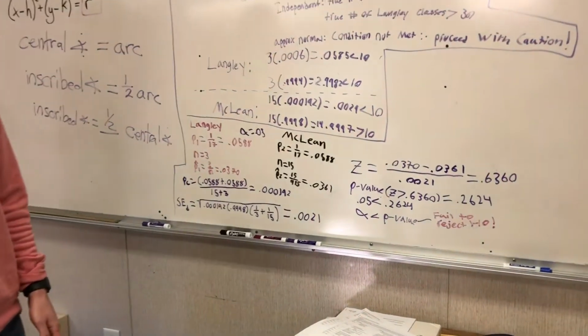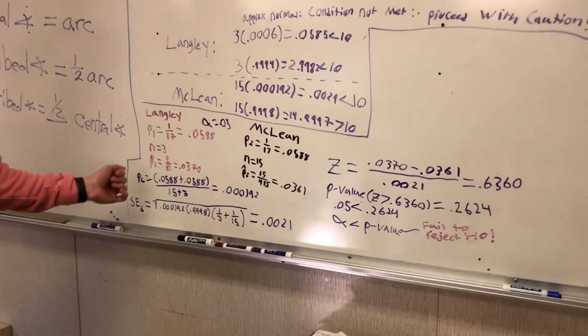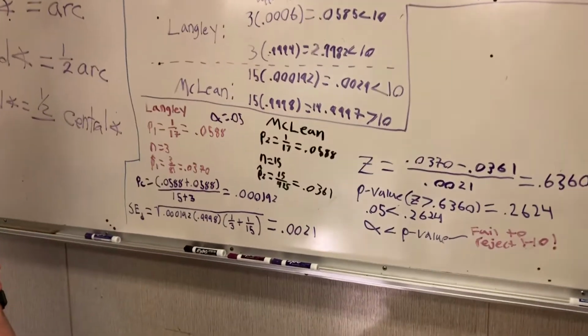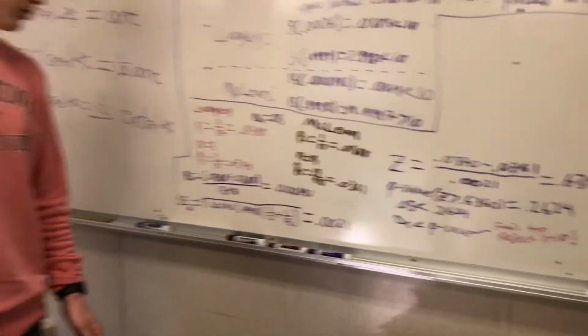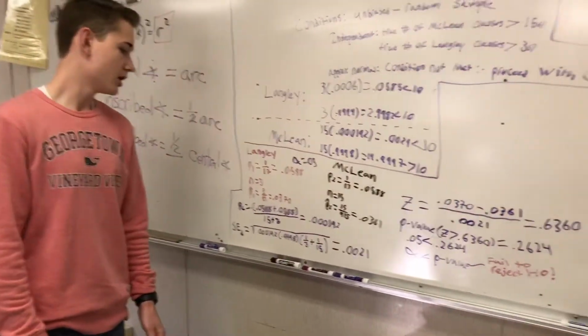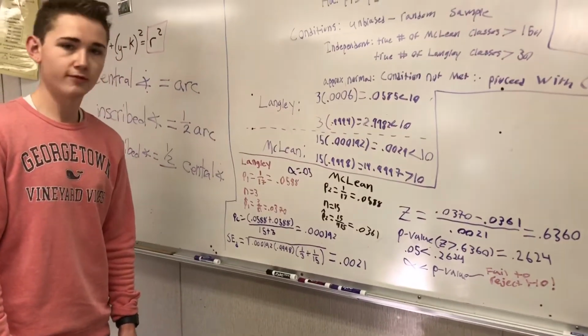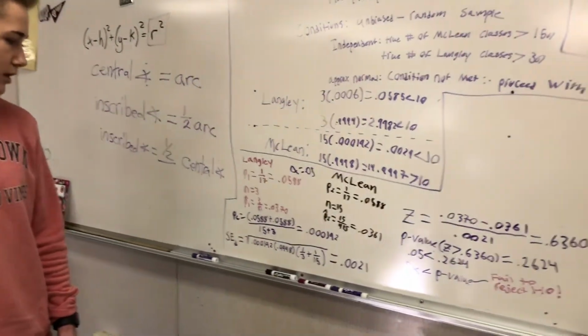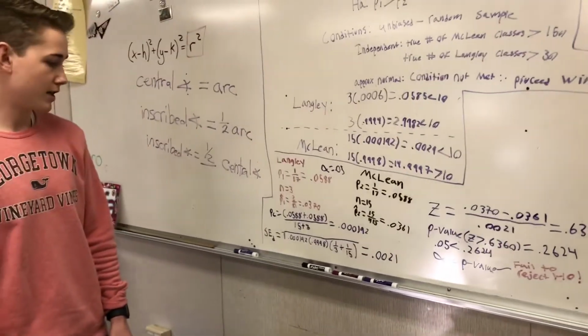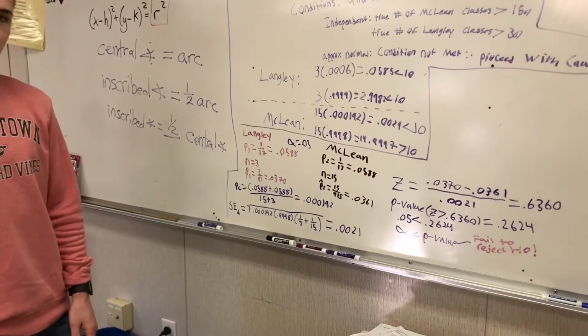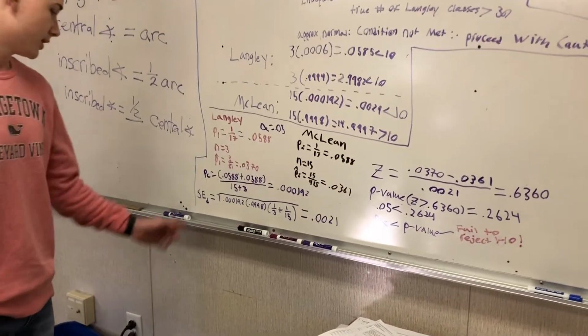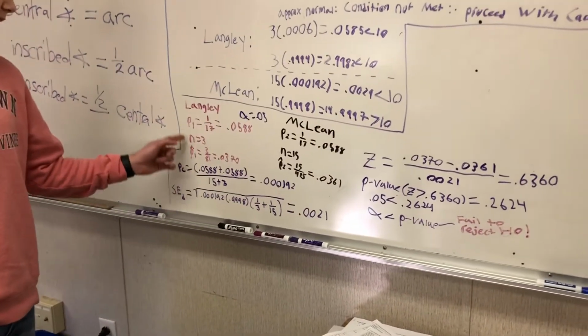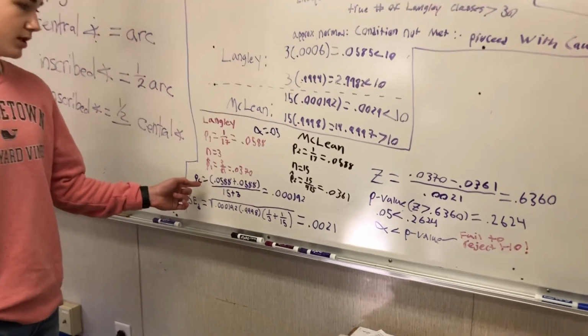So from our samples we got a p-hat value from Langley of 3/81, which is equal to 0.037. And from McLean it was 15/415, which is 0.0361.